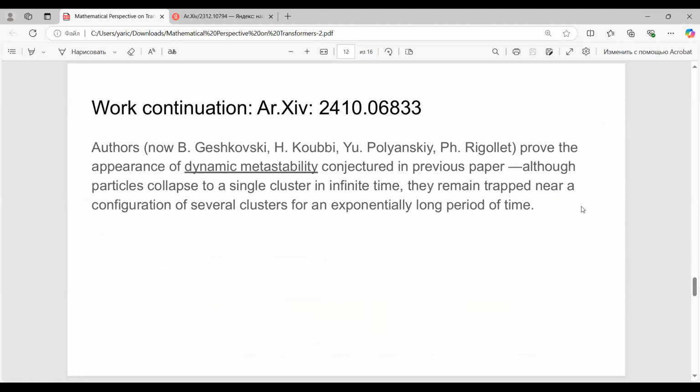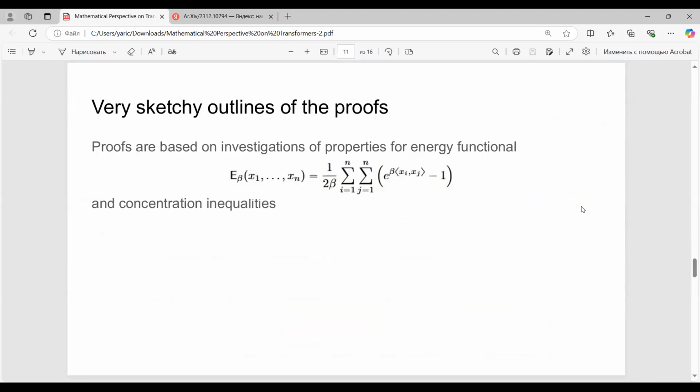You have distribution probabilities. You can end up in one place or in the other place. Instead of converging to a delta function distribution, you converge to a probability distribution, which is not a function.